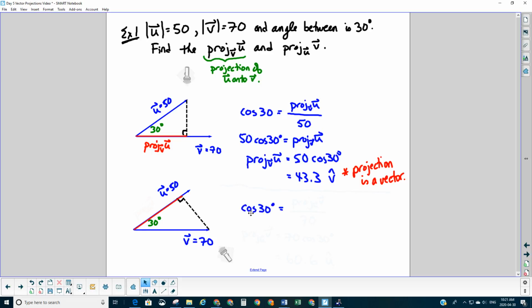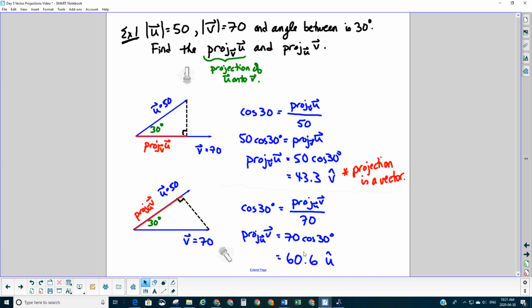So it's still going to be cosine, but the hypotenuse changed and is now the 70, since our projection is this guy here. Again, that 70 can come up, just like we brought it over here and rearranged, it becomes 70 cos 30, which we punch in our calculator and get 60.6, u vectors in the u direction.